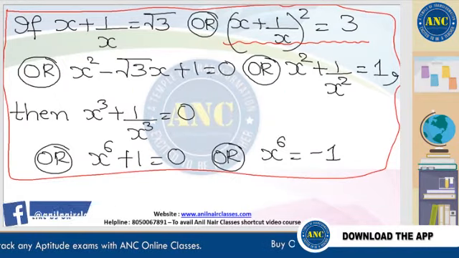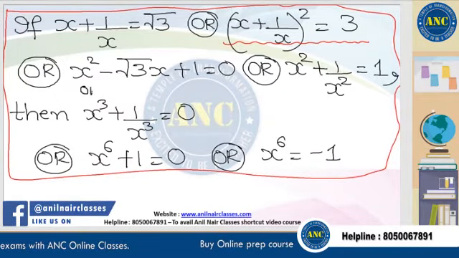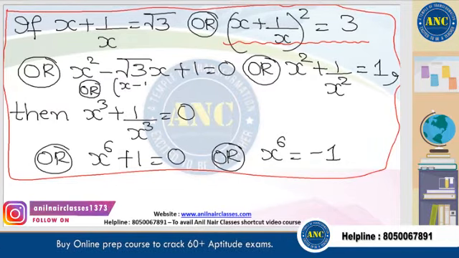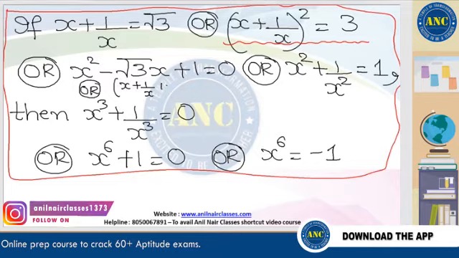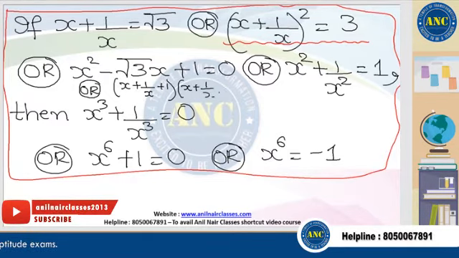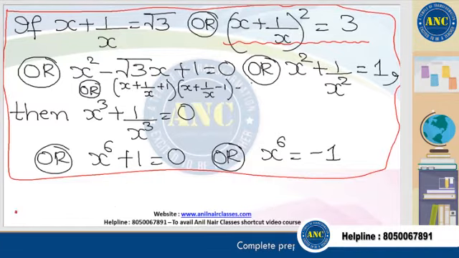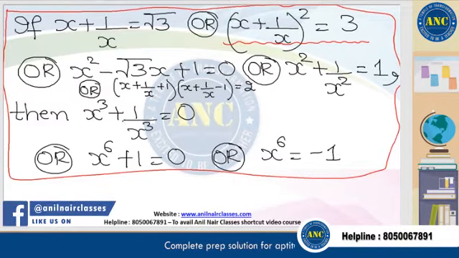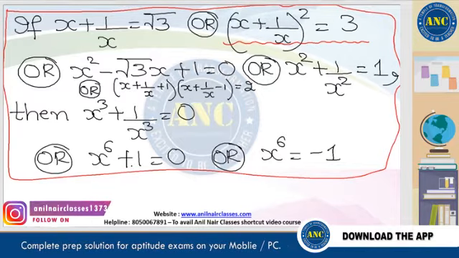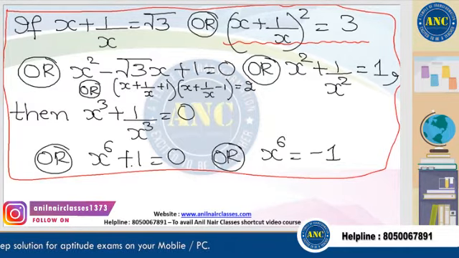Like that they can ask in so many ways. If you want, I will just include it here itself, sir. In the if condition itself, another way is x plus 1 by x plus 1 into x plus 1 by x minus 1 equal to 2. Then x cube plus 1 by x cube is equal to 0, or x power 6 plus 1 equal to 0, or x power 6 is equal to minus 1.